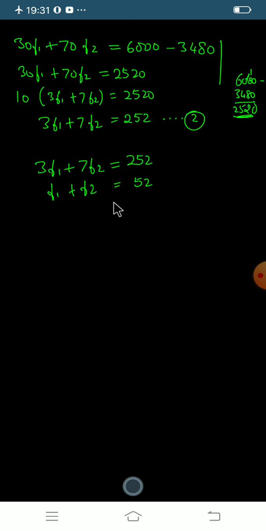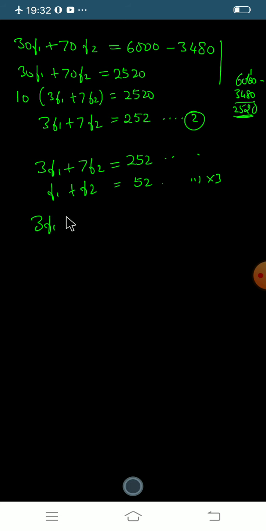That is the first equation. Here we have to solve these two equations. This is equation number 2 and equation number 1. Let us multiply equation number 1 with 3.